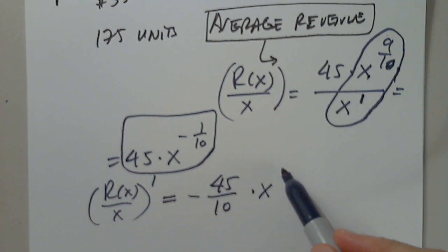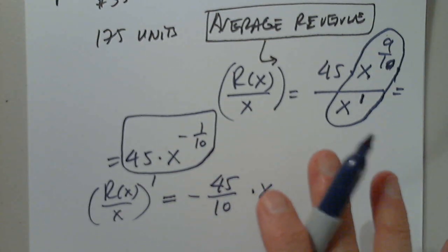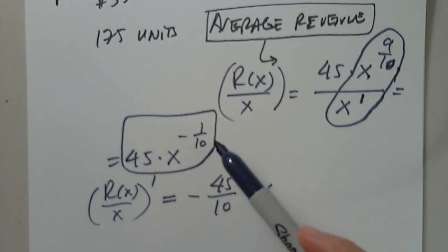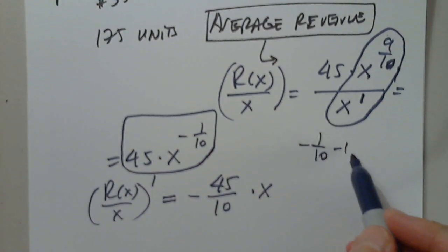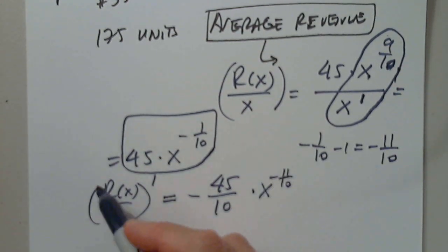Raised to... What will you do? Don't give me the final answer. What is the process? I would subtract it by 1. Exactly. -1/10 minus 1 is -11/10. Brilliant. Thank you so much.